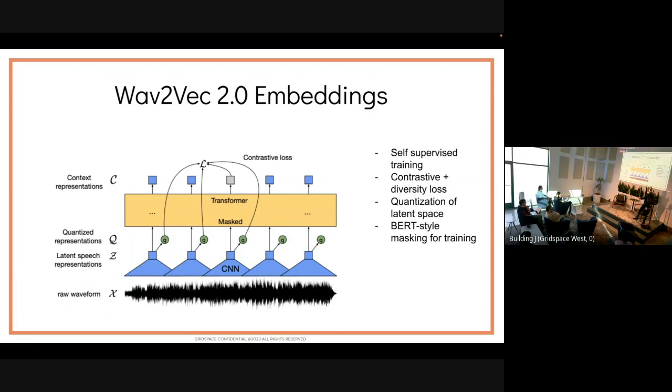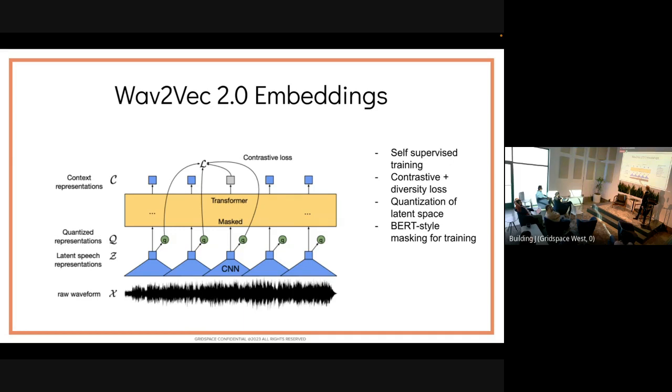Initially it's a self-supervised training, so its loss function is based on contrastive loss and diversity loss. For the contrastive loss, it quantizes these representations, which is like splitting the signal up.